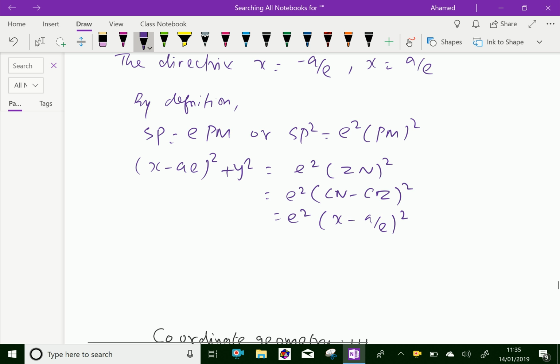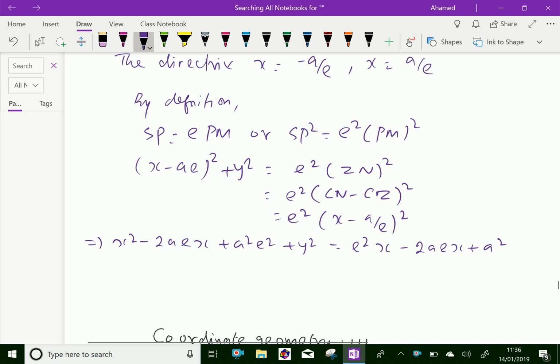By expanding we get x square minus 2aex plus a square e square plus y square equals e square x square minus 2aex plus a square.